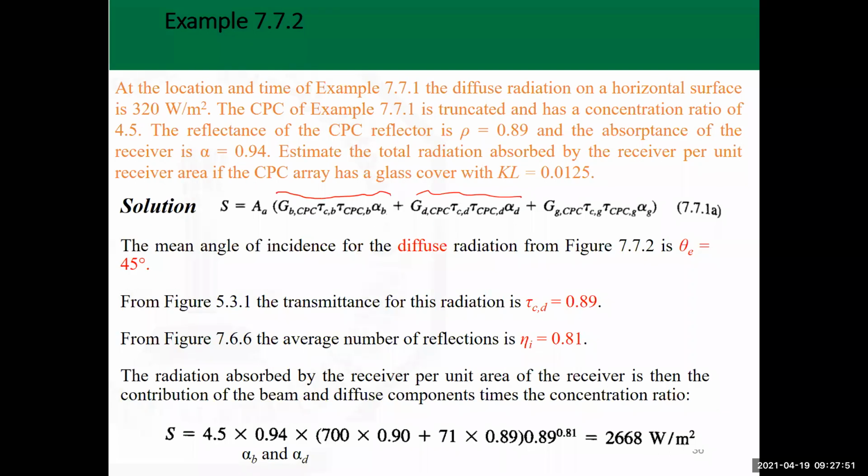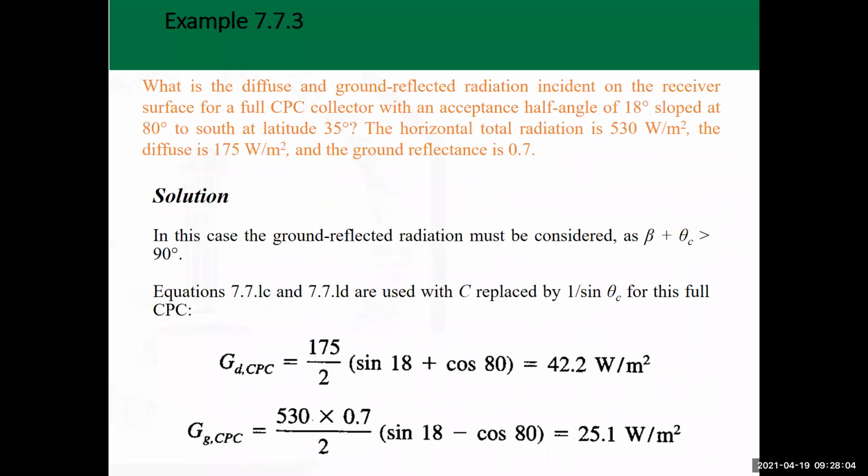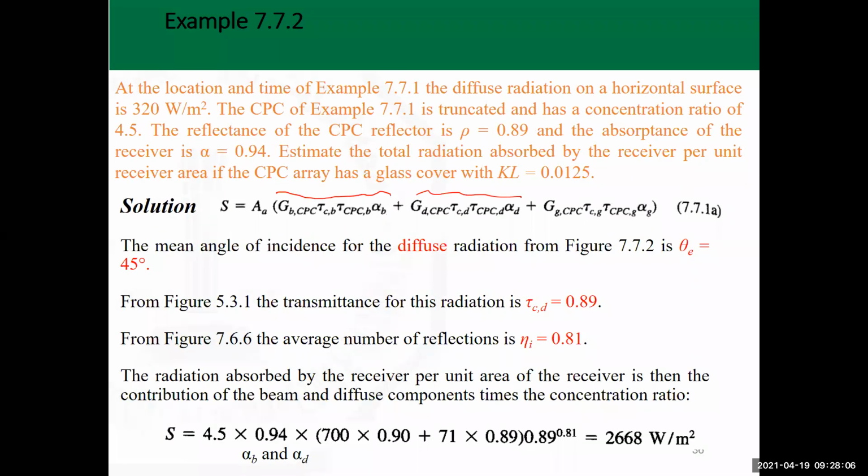And the average number of reflections is 0.81. Now substitute into the expression, and then you can get the value of S here, which is the amount of energy that is falling on or absorbed by the CPC unit. And this has both beam and diffuse components.